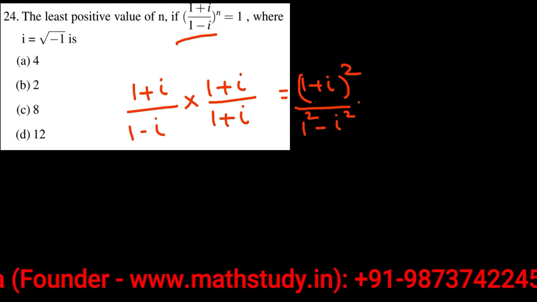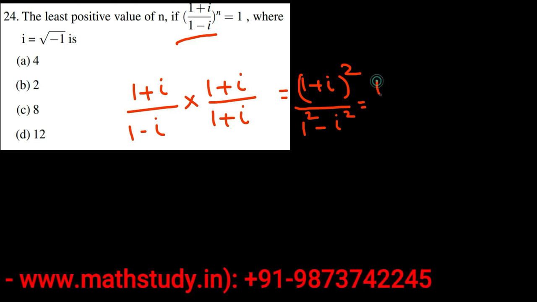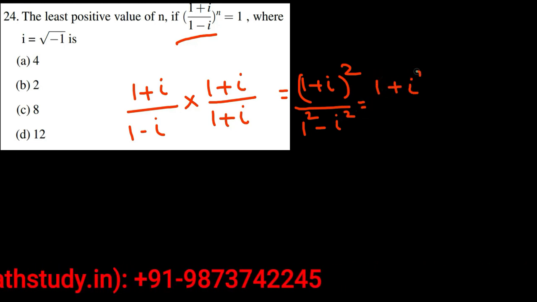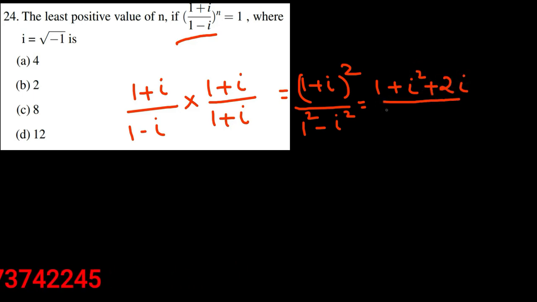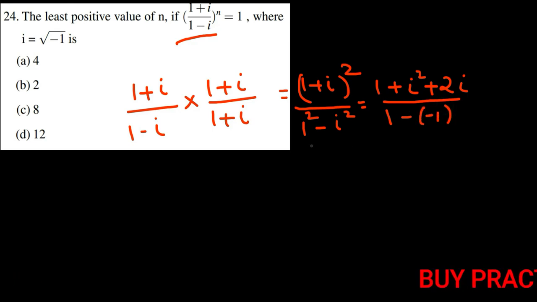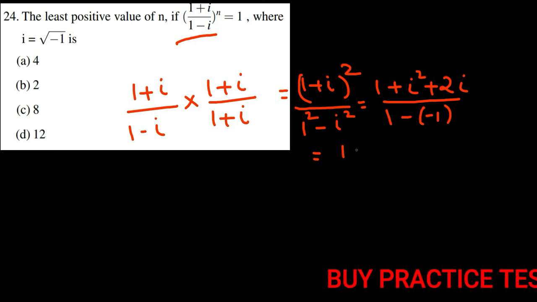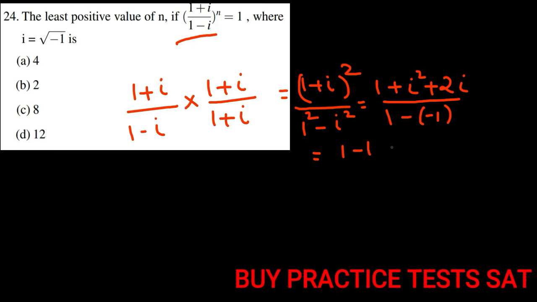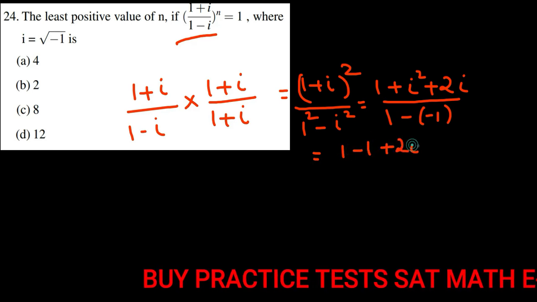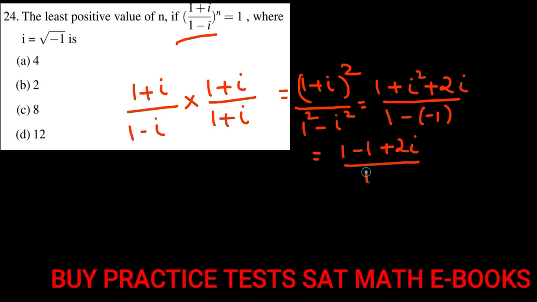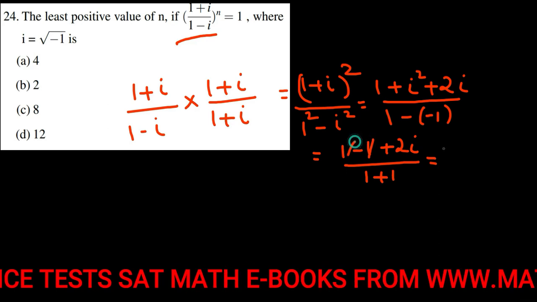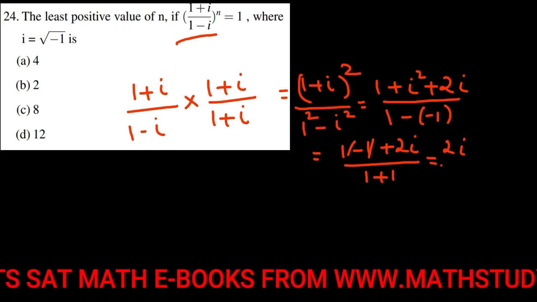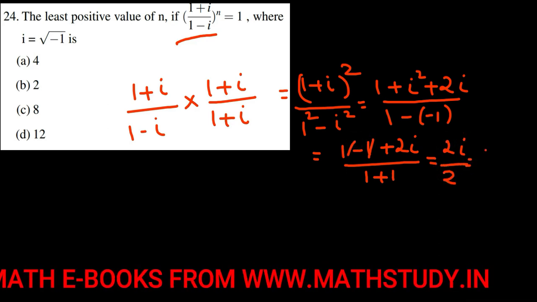In the numerator we get 1 plus iota square plus 2 iota, upon 1 minus iota square, and iota square is minus 1. So in the numerator we get 1 minus 1 plus 2 iota, upon 1 plus 1. Here 1 got cancelled and we get 2 iota upon 2, which is equal to iota only.